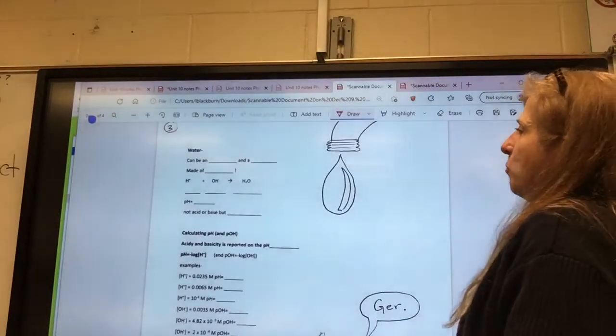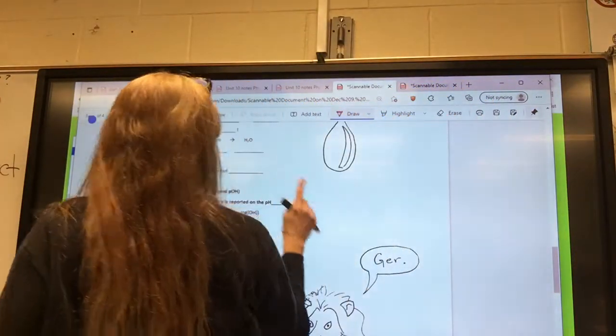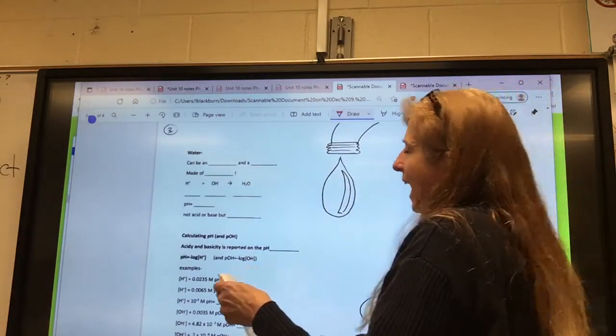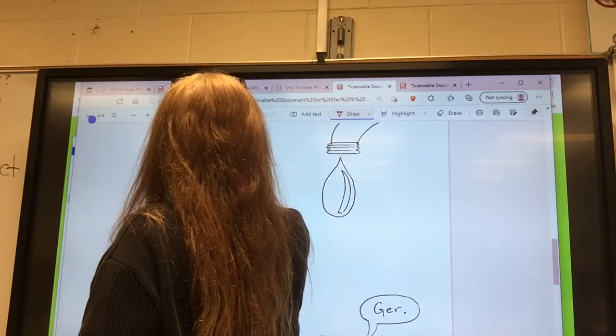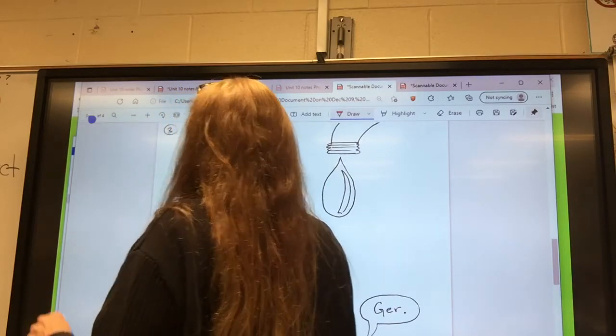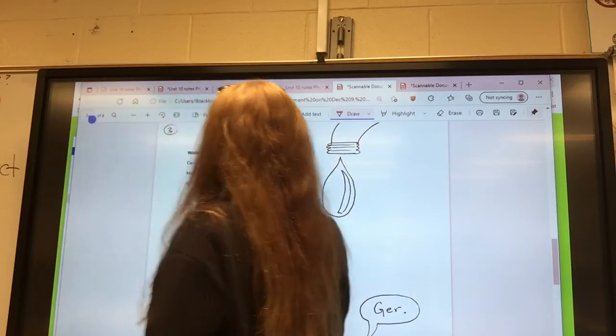All right, so what about water? Water is neutral. It's neither an acid nor a base, but it can act like an acid or a base, and it's actually made out of an acid and a base. Water is H2O.